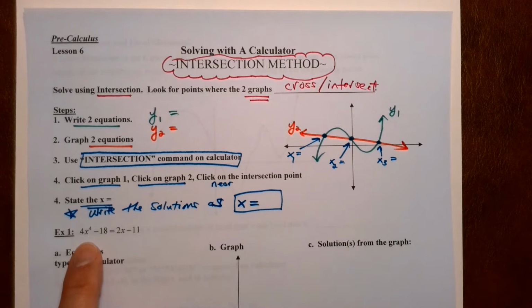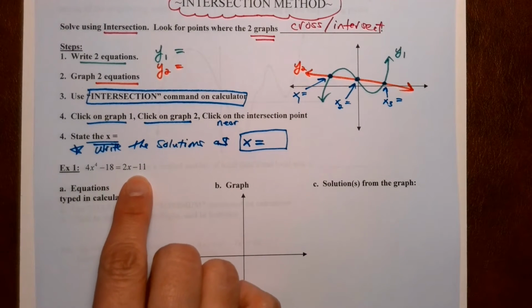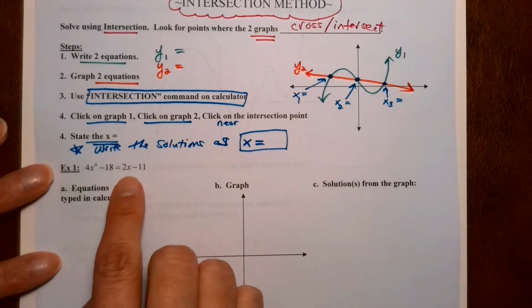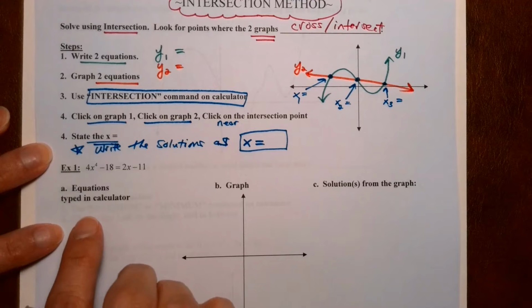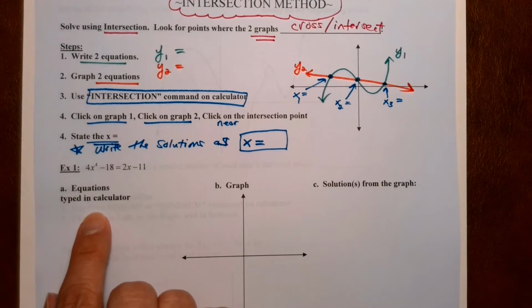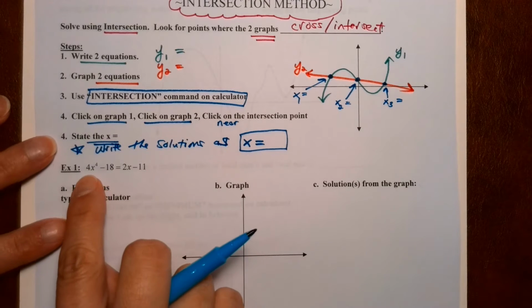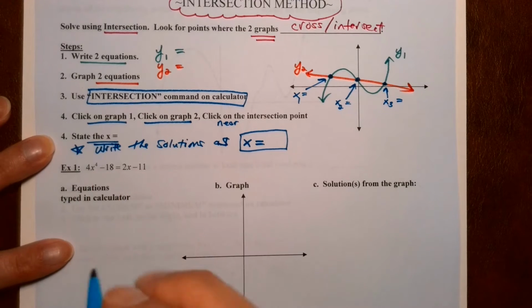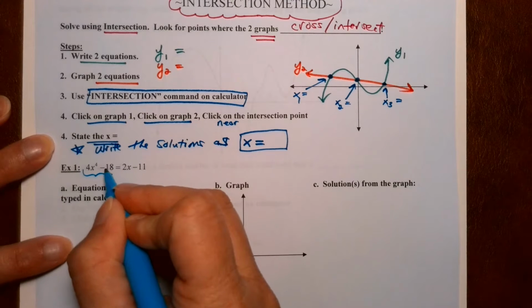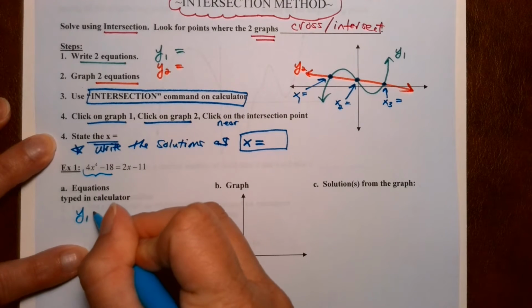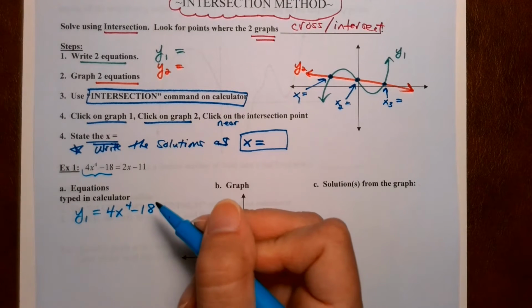So I noticed this first example right here. If they asked me to solve this algebraically, I would move everything over to one side, make a 0, and factor. But we're going to use our calculator this time. The easiest thing to do is to say that this left side, this expression on the left, is going to be my y1. y1 is going to be the left-hand side.